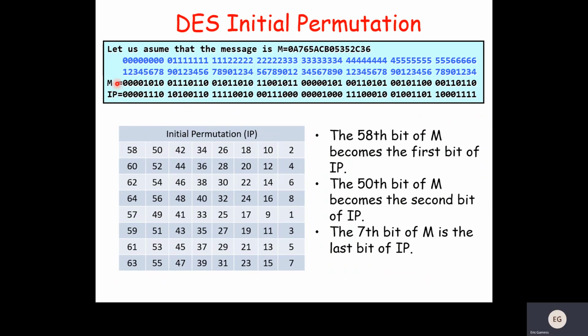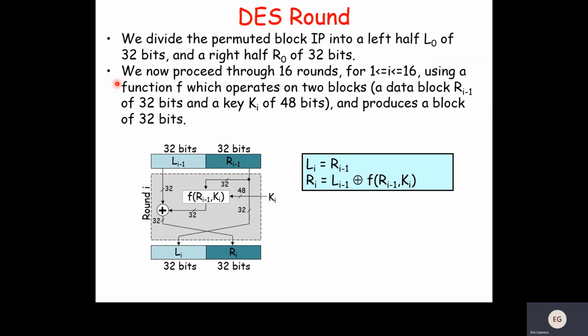This IP will be the input of the first round with the sub key K1. IP is 64 bits long and the sub key K1 is 48 bits long. There is a black box that we are going to explain, which is what each round will do. Here I have information of each round.